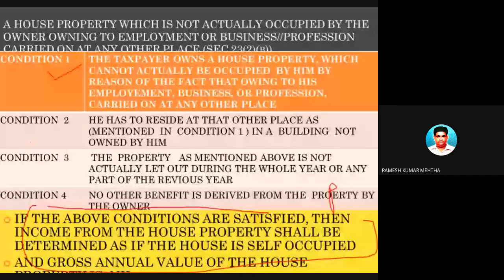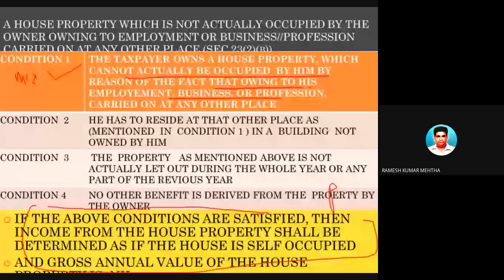Now, what is condition 1? The taxpayer owns a house property which cannot be actually occupied by him by reason of his employment, business or profession carried out at any other place. As I already told you, X has a house property in Bangalore and he is working in Pune.